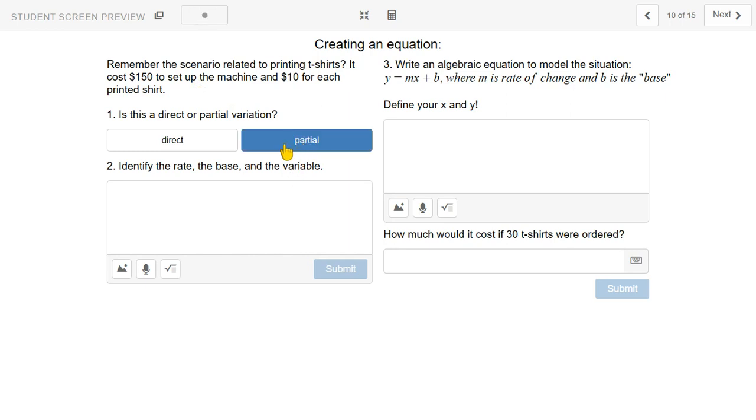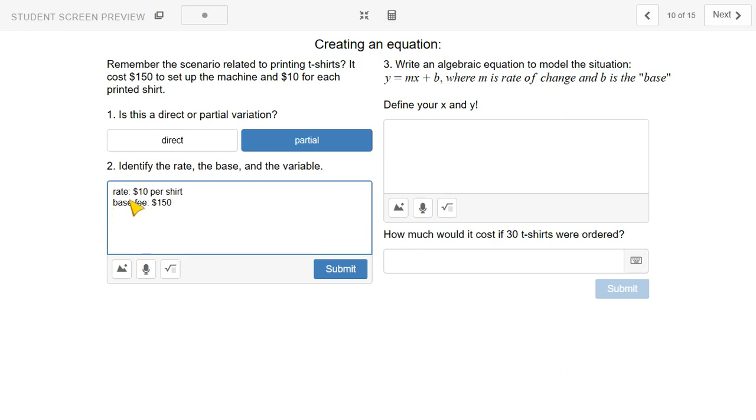That means this is going to be a partial variation. What's the rate here? The rate, $10 per printed shirt. What's the base? We have a base fee of $150.